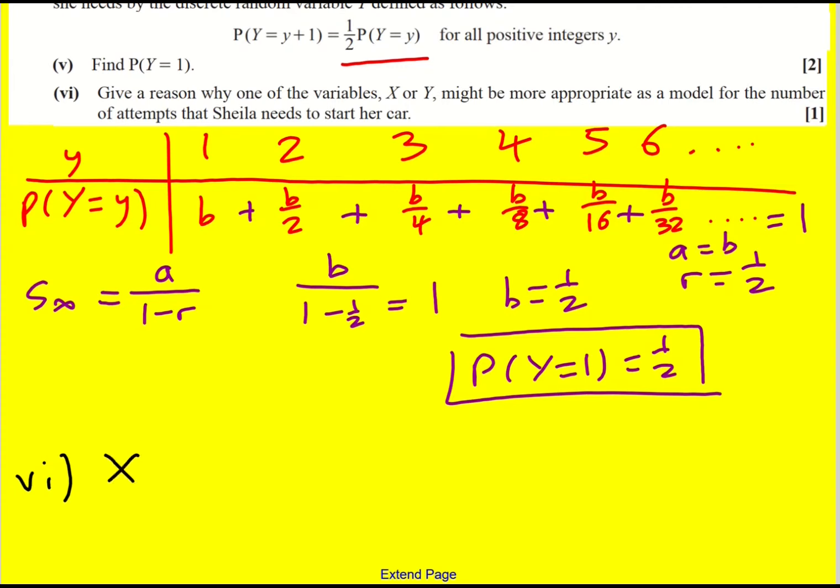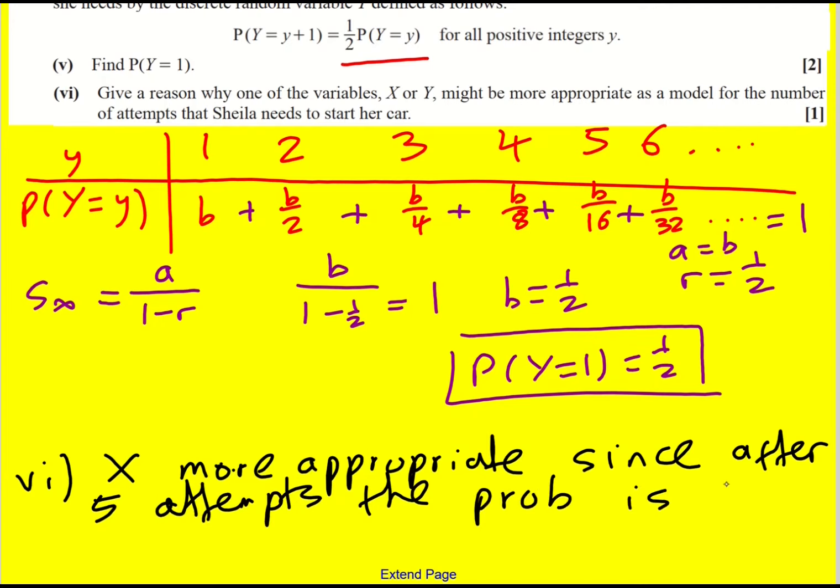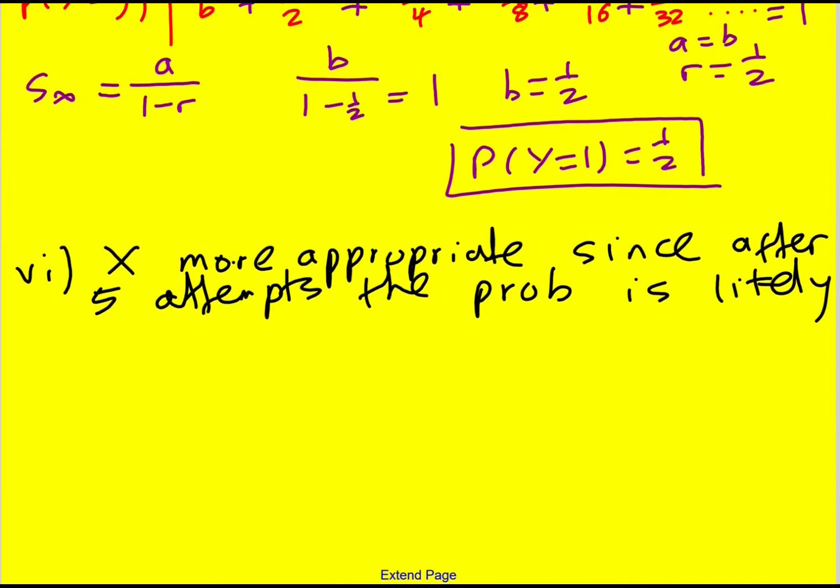I said that x is going to be better, more appropriate, since after 5 attempts, the probability is likely to be 0. In theory, in the other model, you could be trying to start it 20 times and it might start after the 20th. And in reality, I would say that's unlikely.